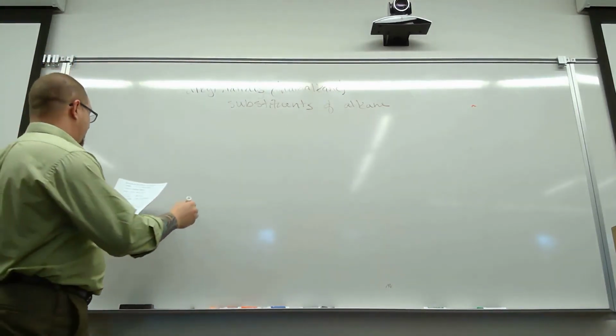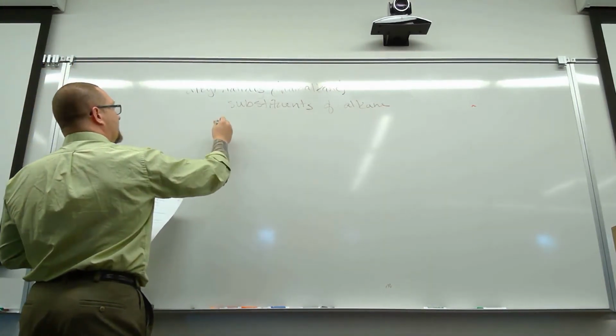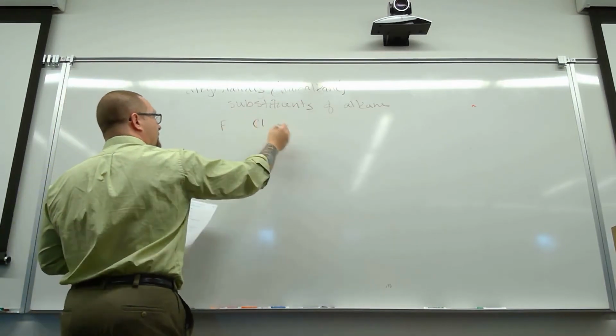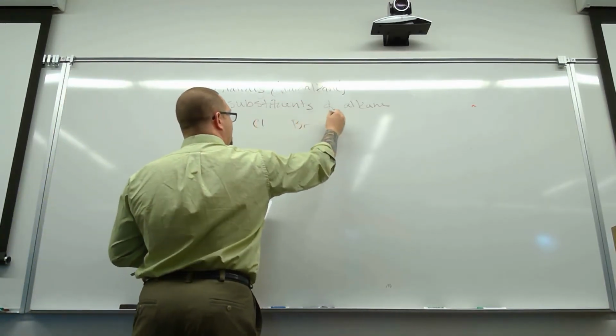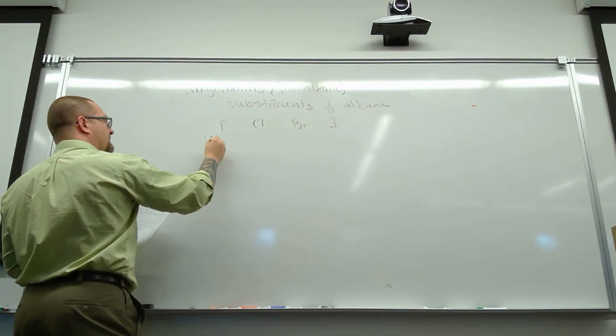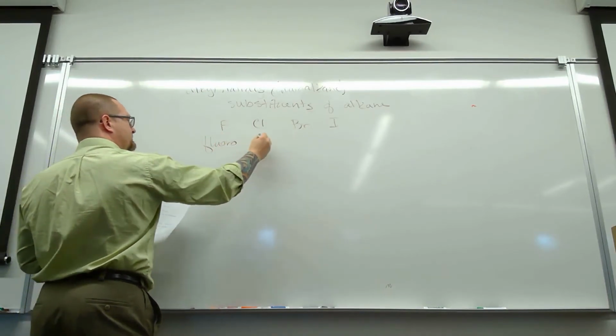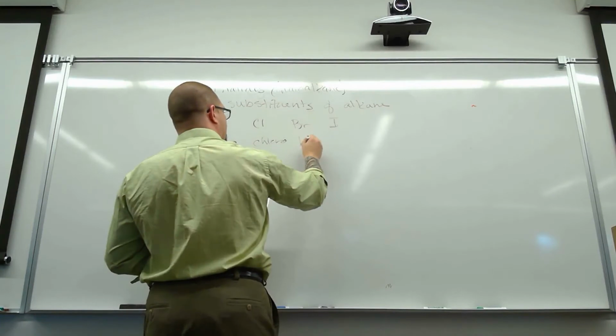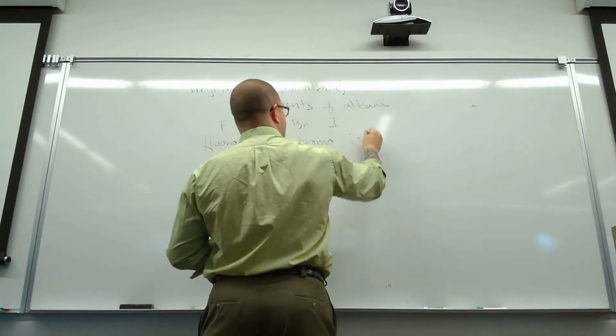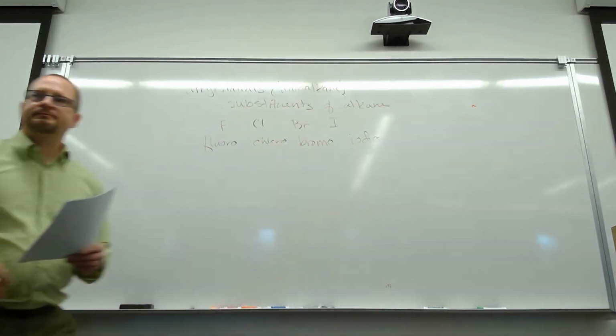So we just need to add a couple of changes. If you have a fluorine, chlorine, bromine, or iodine, this is a fluoro group, chloro group, bromo group, or iodo group.